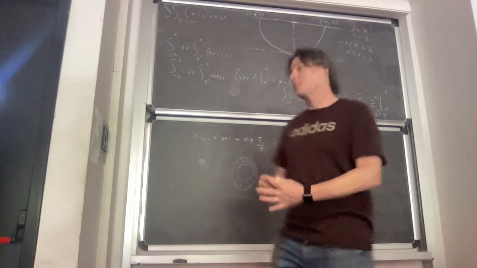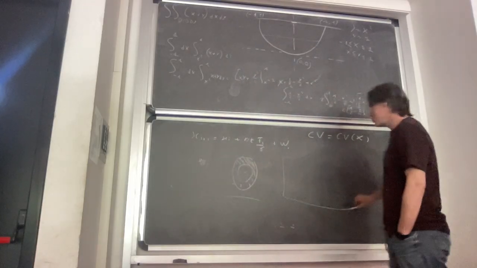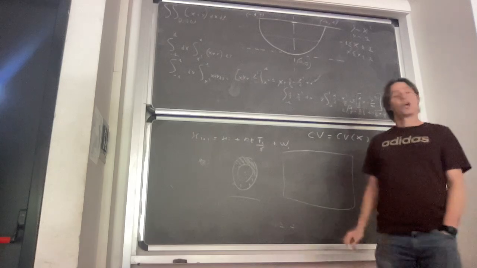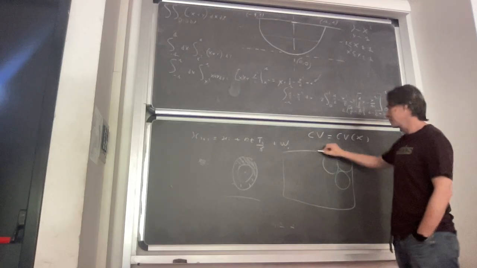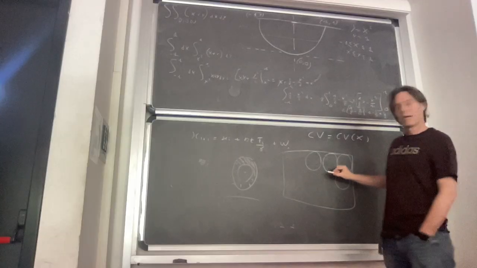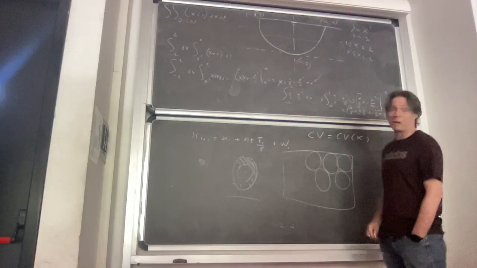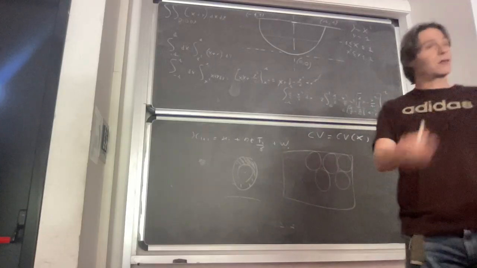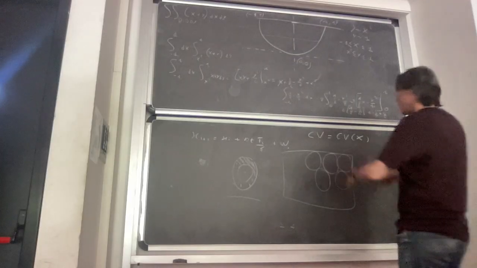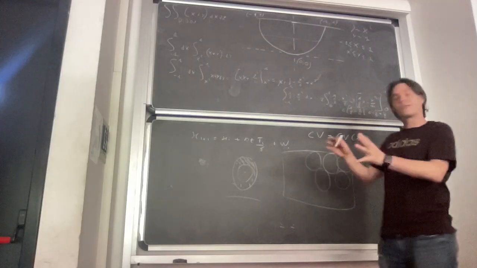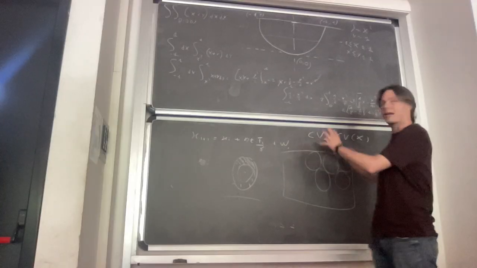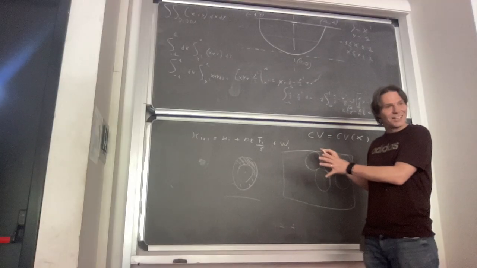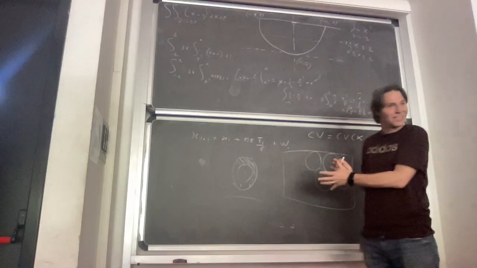Let me give an example. Suppose you want to solve the following problem. You want to fill a box with spheres that don't overlap. This sounds like a mathematically abstract problem, but for proteins or biophysics, say I want to consider a configuration space and I want to put configurations that are sufficiently far apart to be distinguished, right?